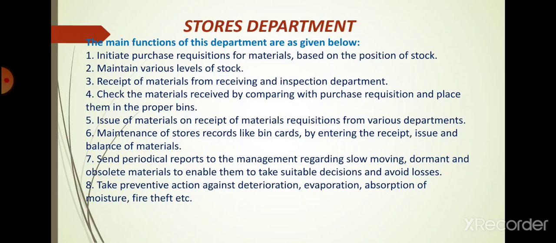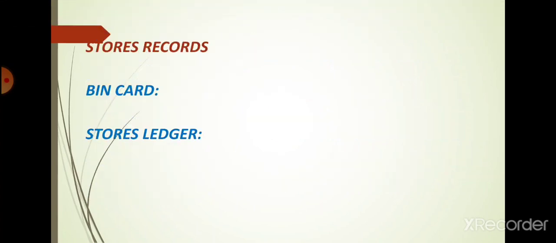So next we'll come to the records maintained by the store department. The store department has to maintain two main records, that is bin card and stores ledger. So what is bin card? A bin card is a card showing the quantitative record of the receipts, issues and balances of materials kept in the concerned bin.